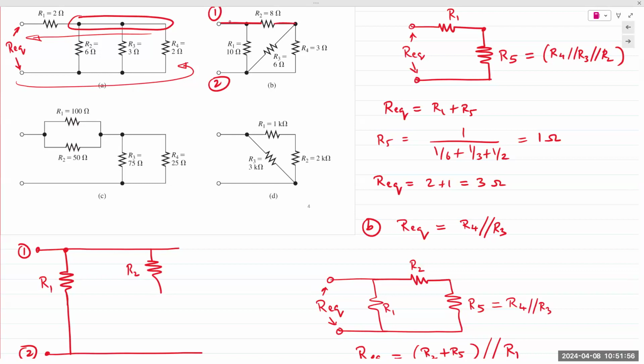And the other end of R2 is connected to R3 and to R4. So I'm going to split. I'm going to draw R3 and R4. The other end of R4, again, remember the objective or the goal is to start at terminal 1 and get to terminal 2.